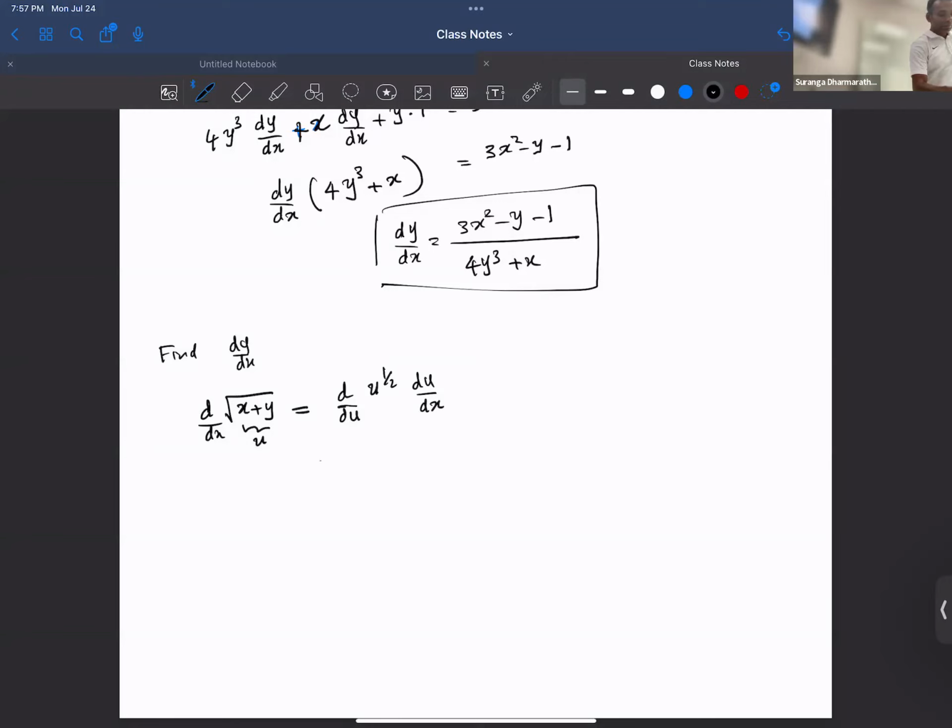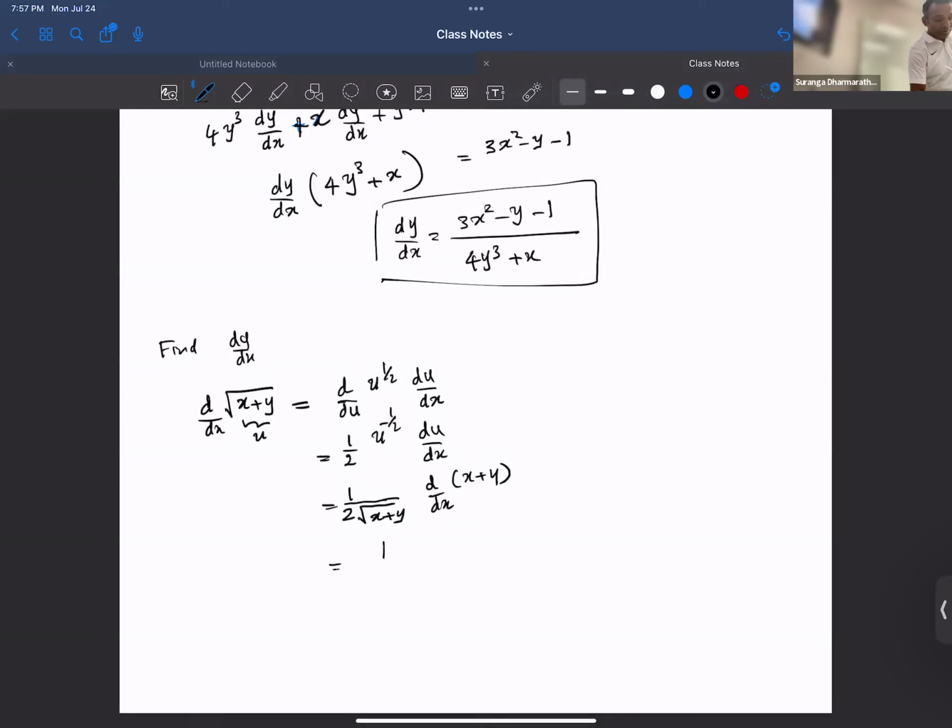Taking that as u, this is half times u to the power negative half, and du over dx. Here half times u to the power negative half is 1 over square root of x plus y, and then d over dx of x plus y.